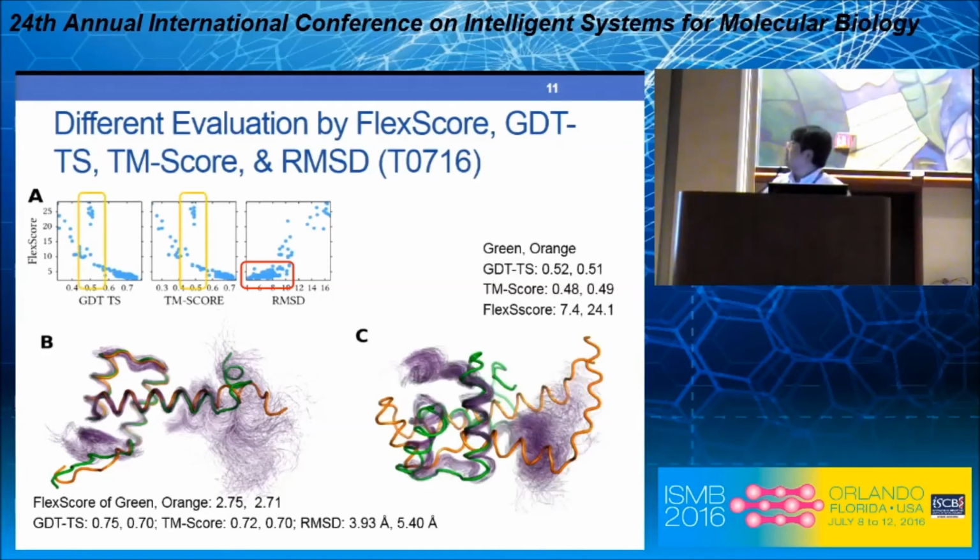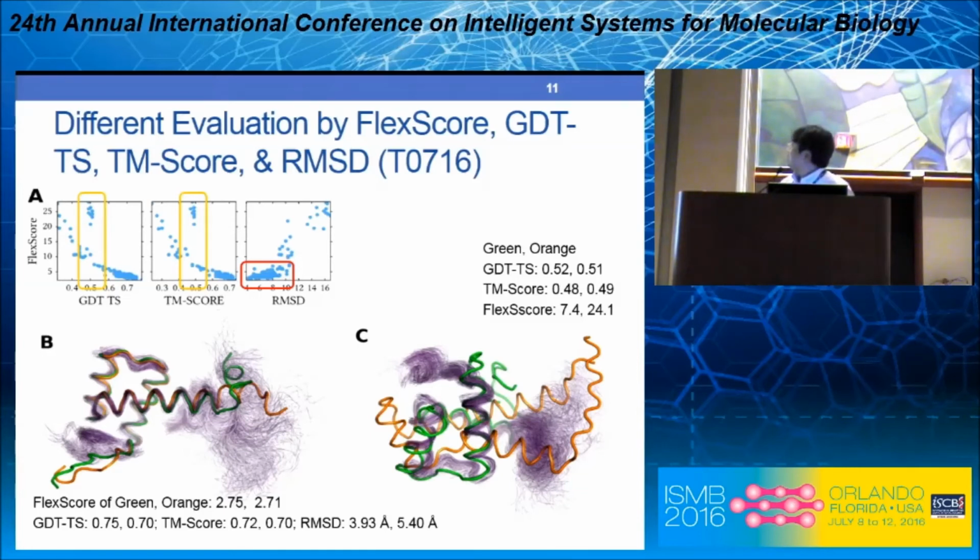Another example here: these are examples where the TM score, or let's say GDTS score, is the same, but the FlexScore has very different values. In this case, the green and orange structures have similar core structures, well-predicted core regions, and that's what the GDTS score is picking up.